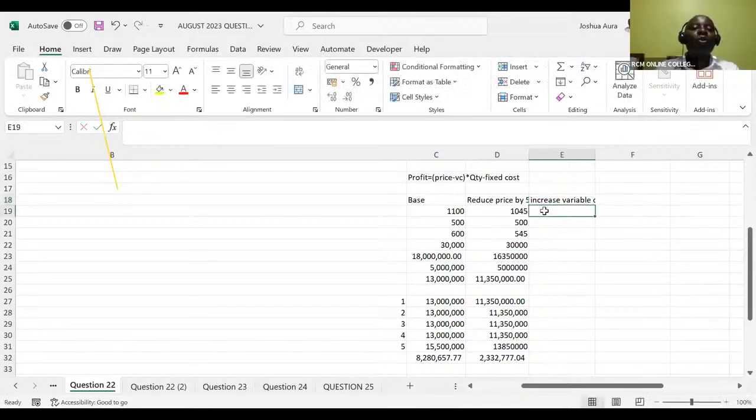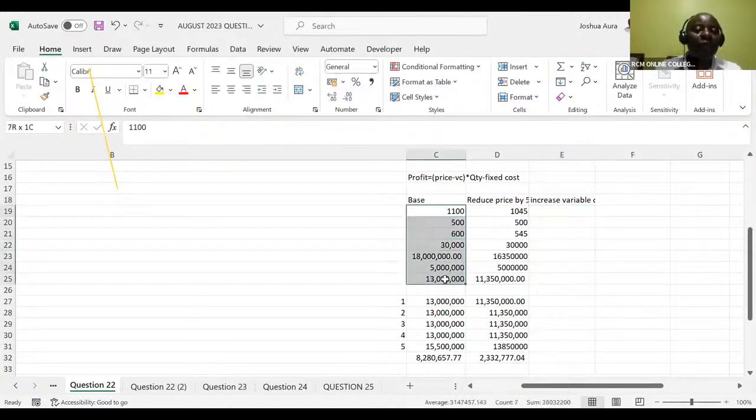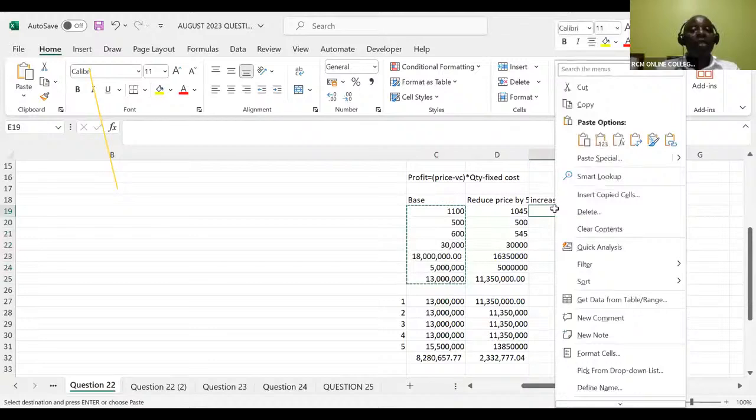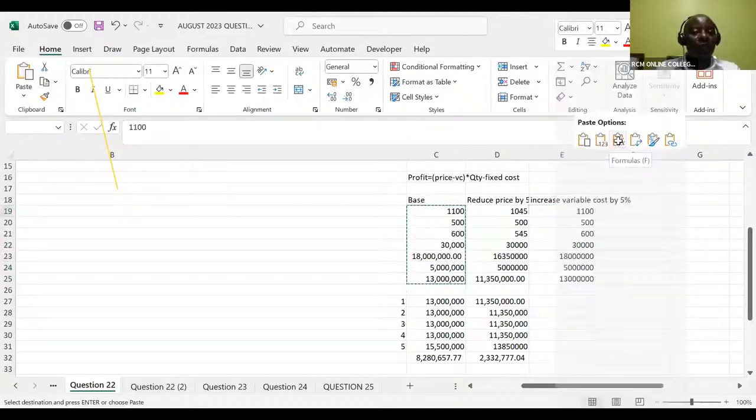You copy the base up to the profit. So you say Control C, and then you come and place here. You right click. You are copying the figures and formulas like that.